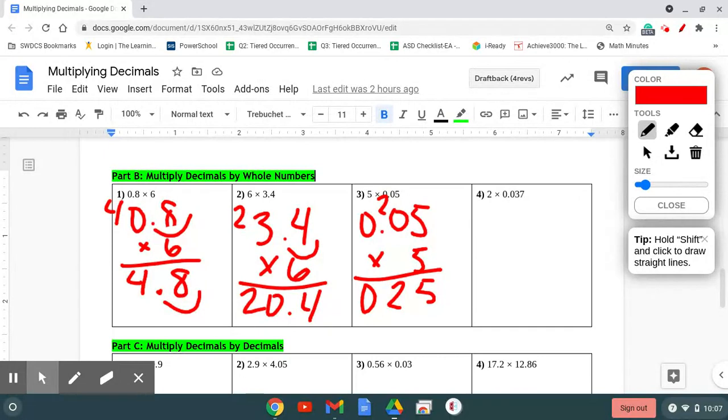Okay, so where should the decimal have gone? Well, here we have 2 spots, so here we have 2 spots. So 0.25 should have been your answer.